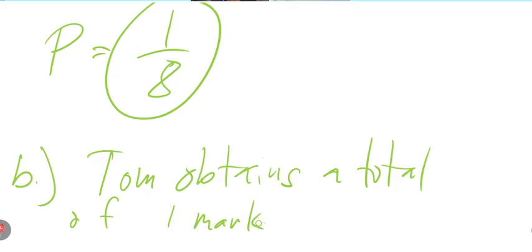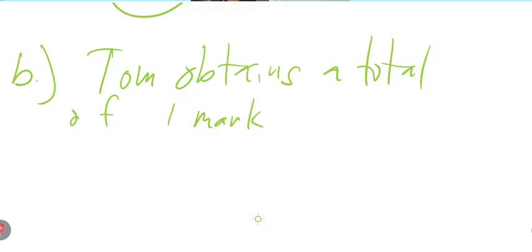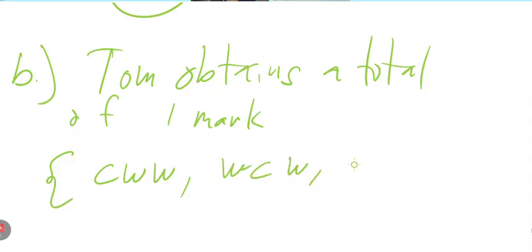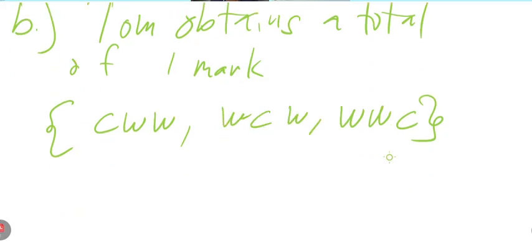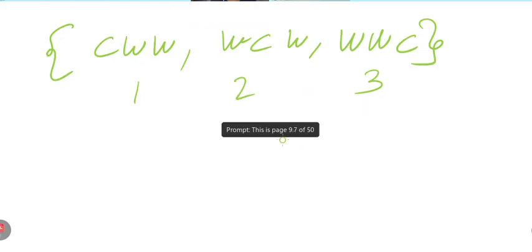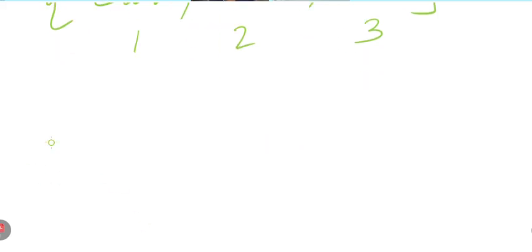We have the outcomes C, W, W, then W, C, W, and W, W, C. So we find there are 3 favorable outcomes.